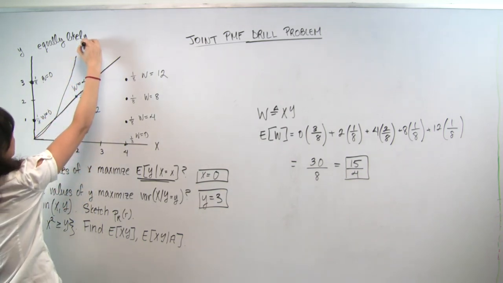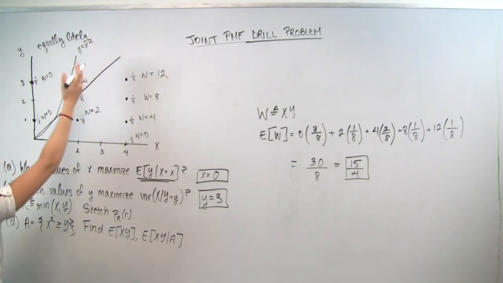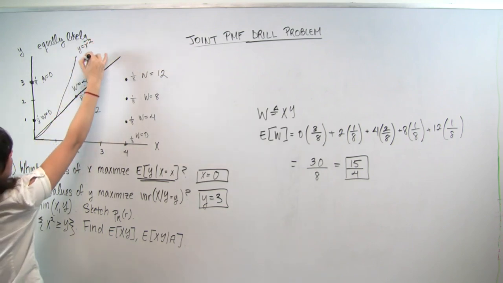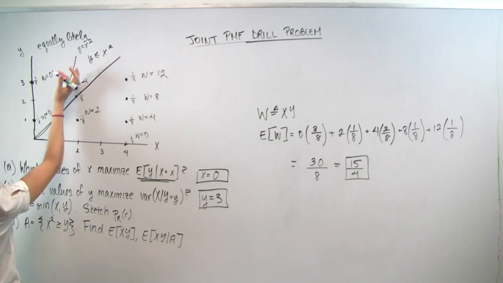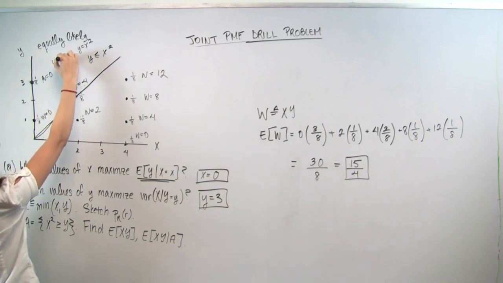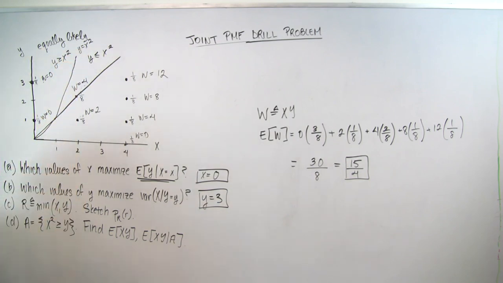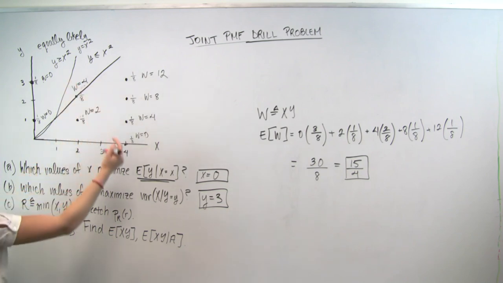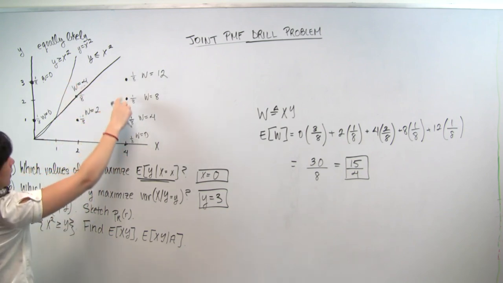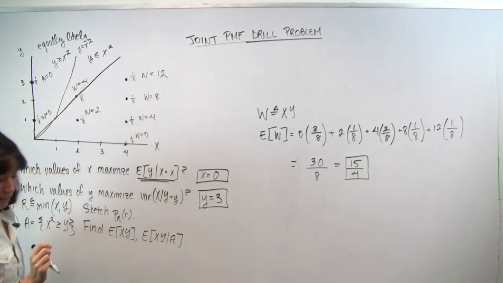This is the line y is equal to x squared. All the points below this line satisfy y less than or equal to x squared, and all the points above this line have y greater than or equal to x squared. And A is y less than or equal to x squared. So we are in the conditional universe where only points below this line can happen. So that one, that one, that one, that one, that one, and that one. So there are 6 of them.